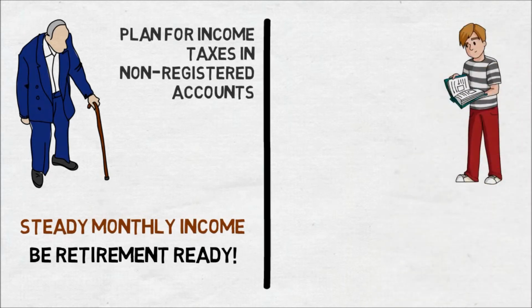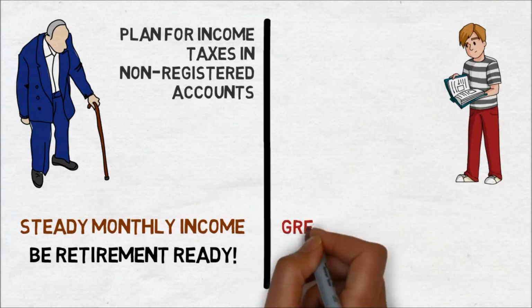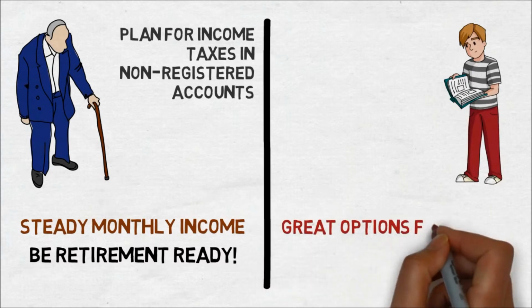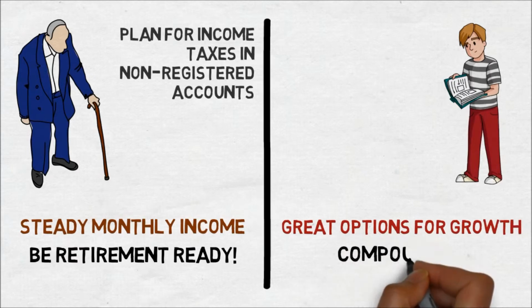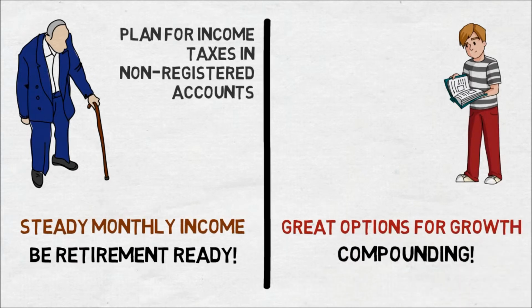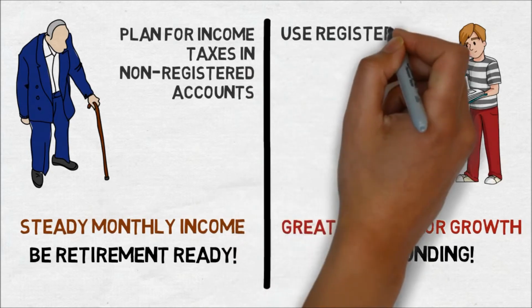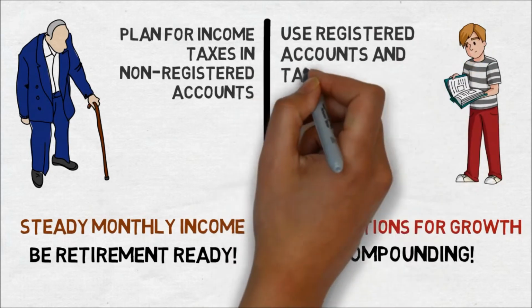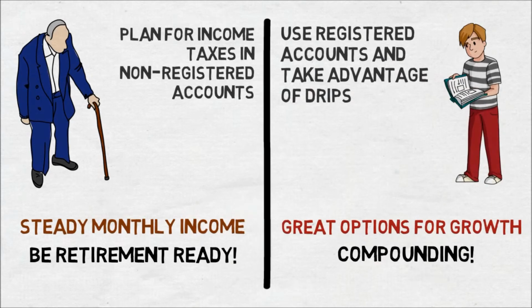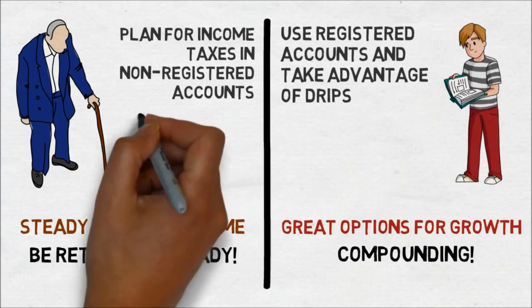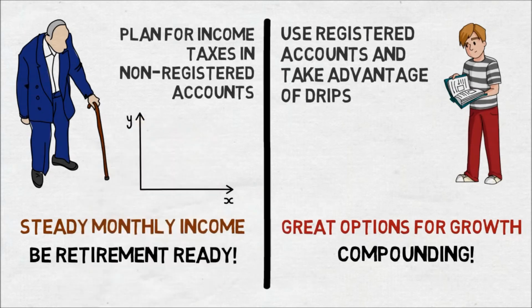If you're getting close to retirement, you can have it in a non-registered account. You will be taxed every single month on that dividend income, but it can be a source of steady income. And the opposite is, if you're young, you can focus it into registered accounts and have that income reinvested and compounding year after year, and build it into a pretty significant dividend portfolio over the years.